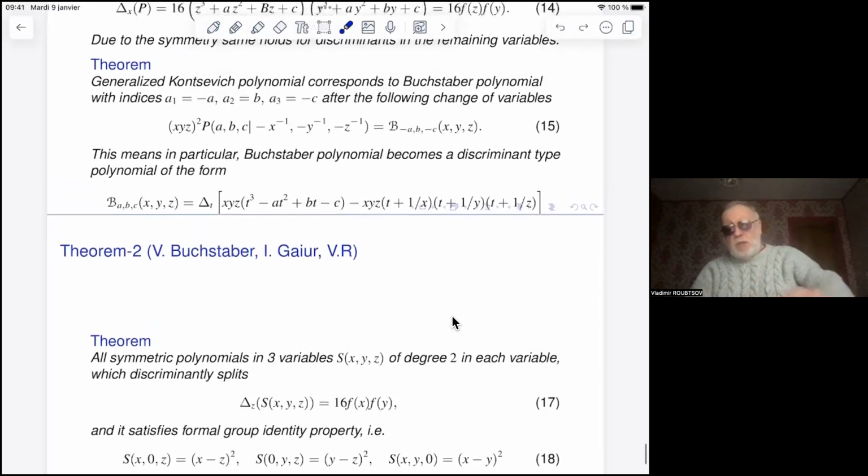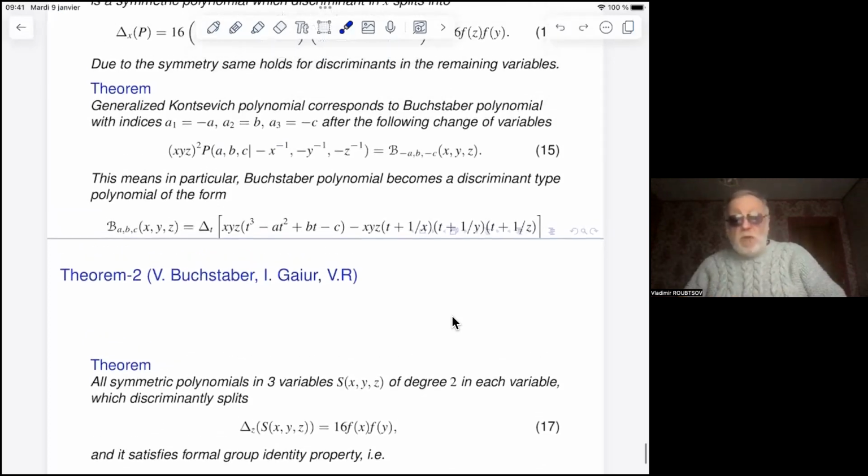But I want to say that this change of variables and this parameterization also have very beautiful geometric images.